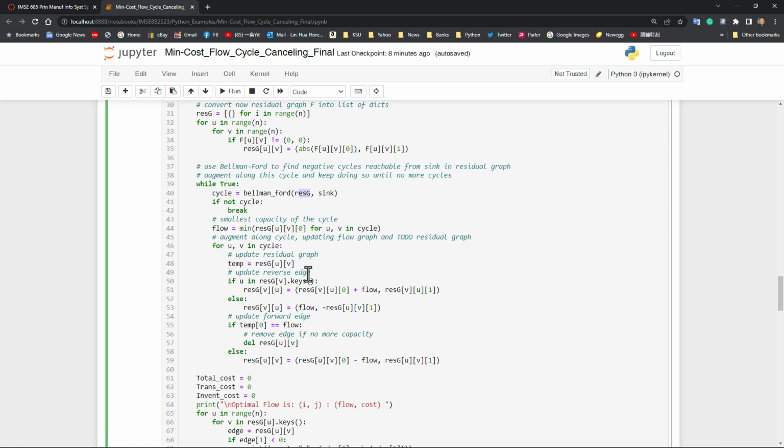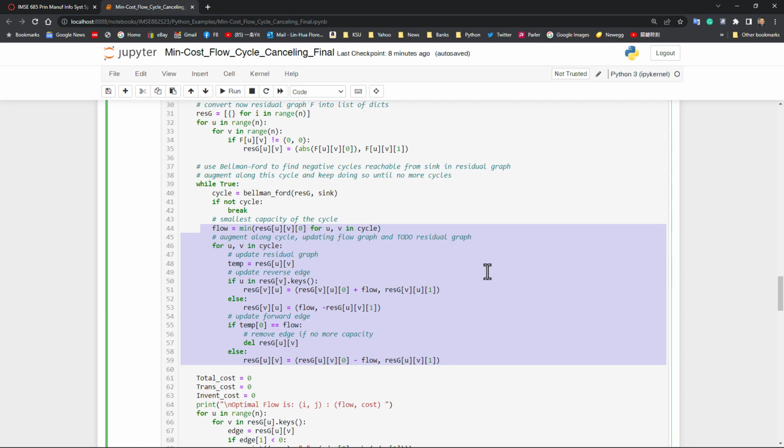After I update all the reverse flow, we can update the forward flows on that cycle as well. So this part just updates the flow based on the negative cycle.